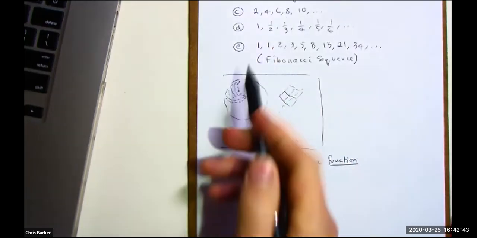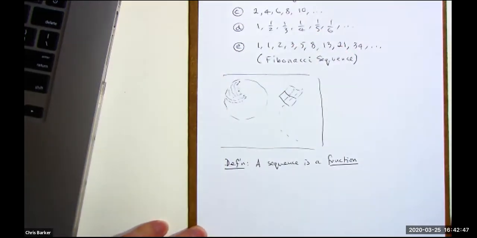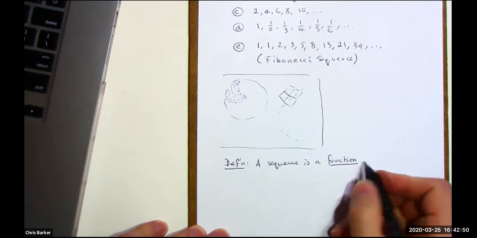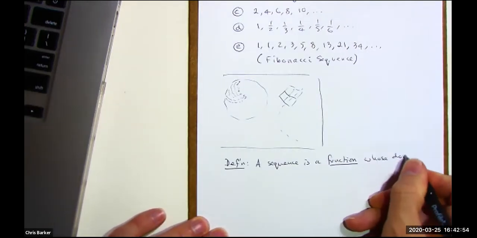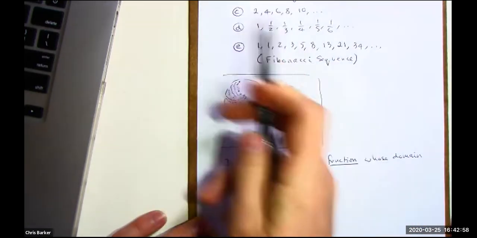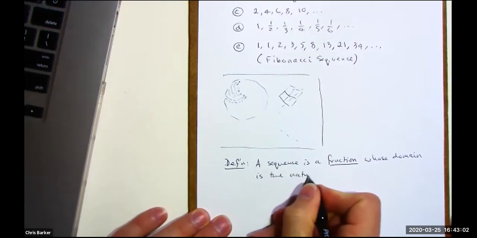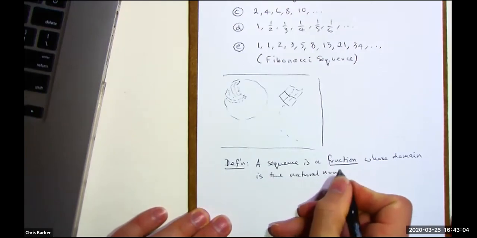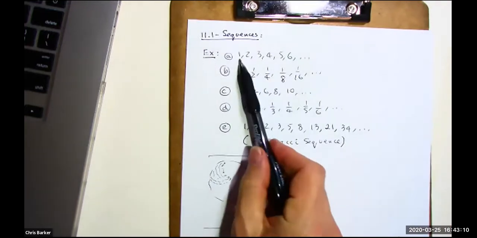So what's the domain of all of these functions that I've just listed? A sequence is a function whose domain is not just some random set of x's, but it's always the natural numbers. In some ways, you could say that our first example up at the top here, that is the domain.